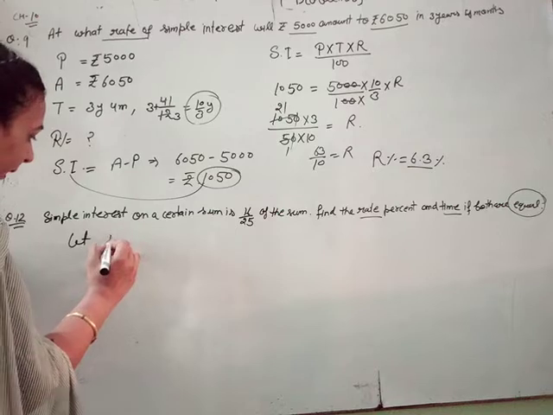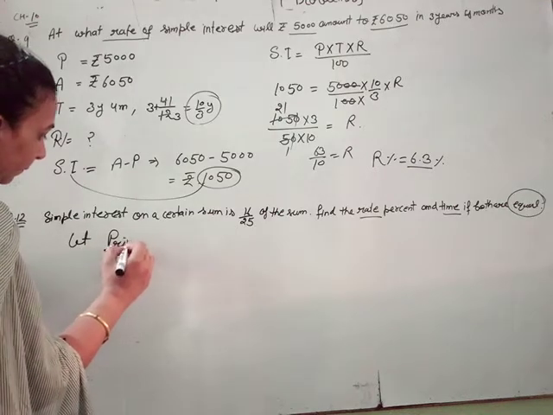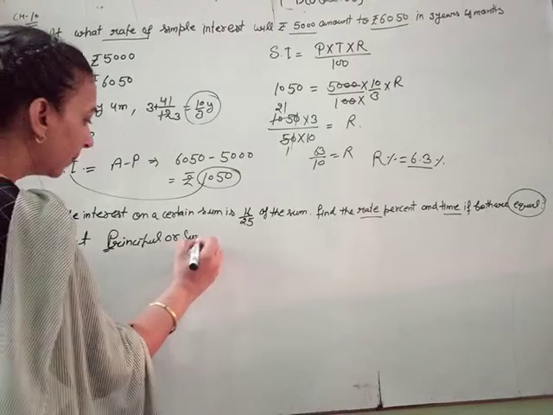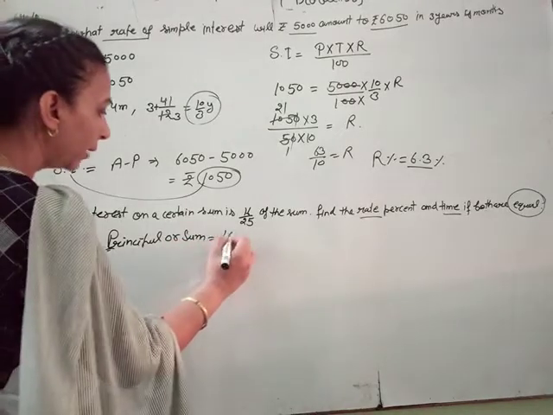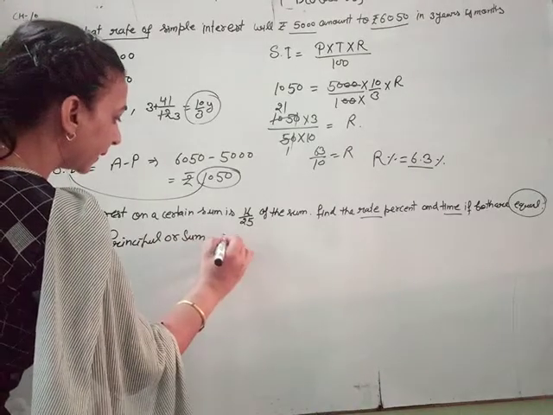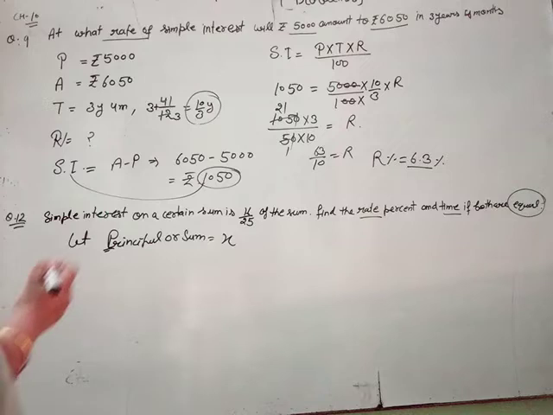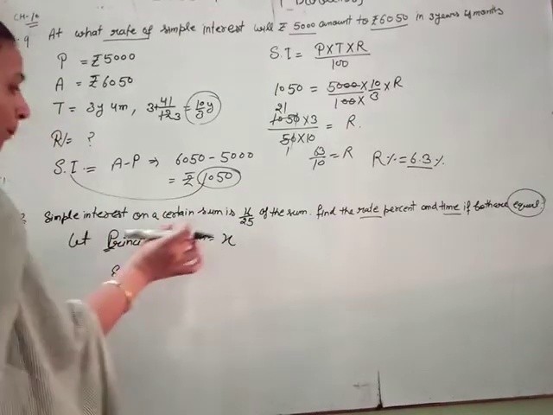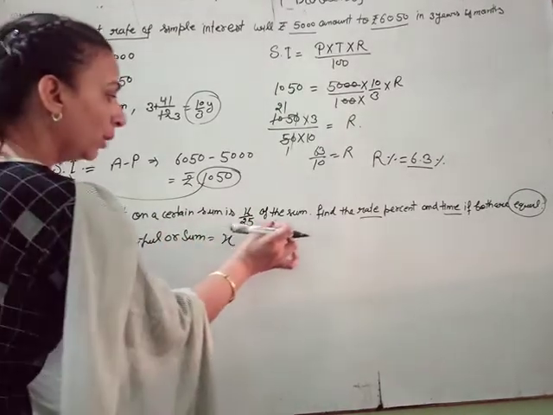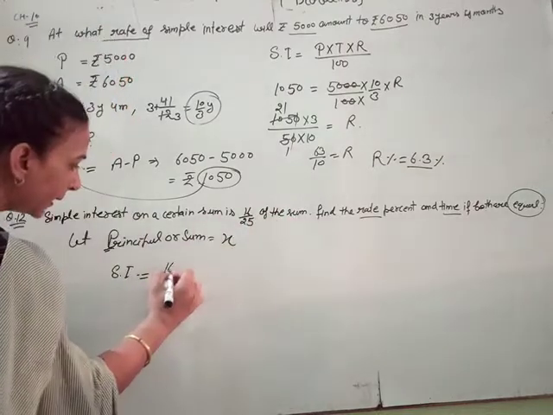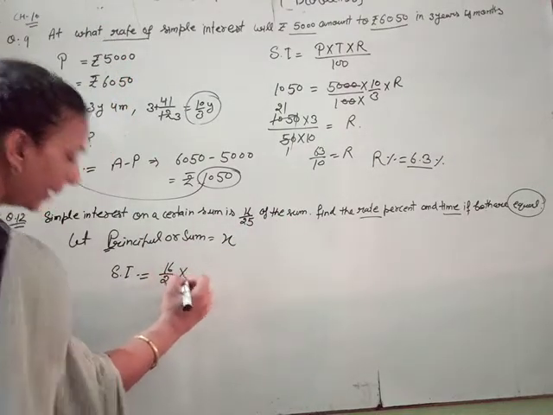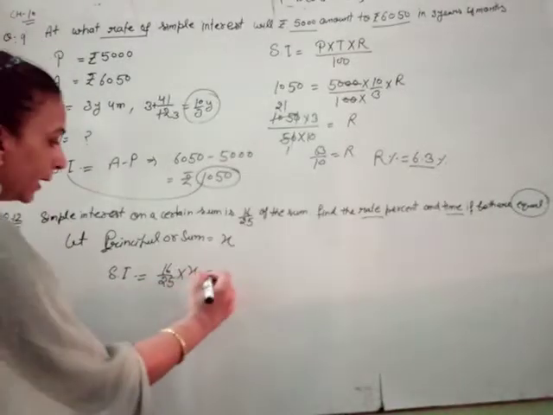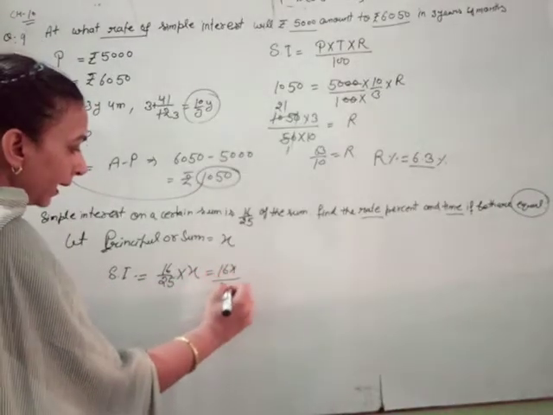So students, first let the principal or sum equal x. Next, simple interest equals 16 by 25 of the sum. That means 16 by 25 of, meaning multiplied by, the sum x, which equals 16x by 25.